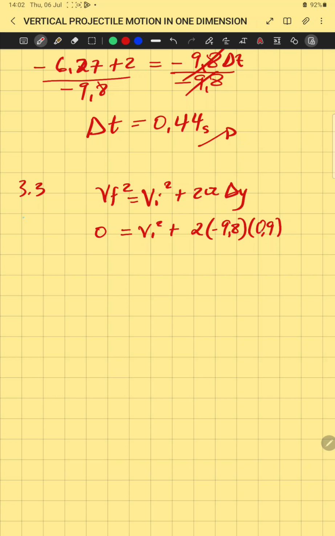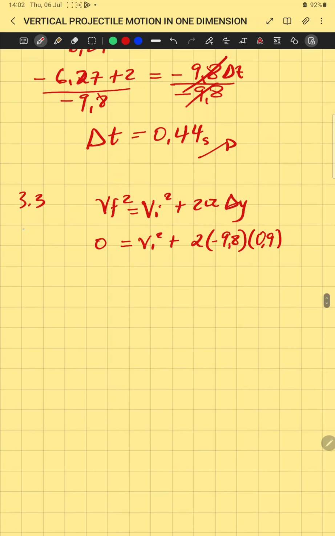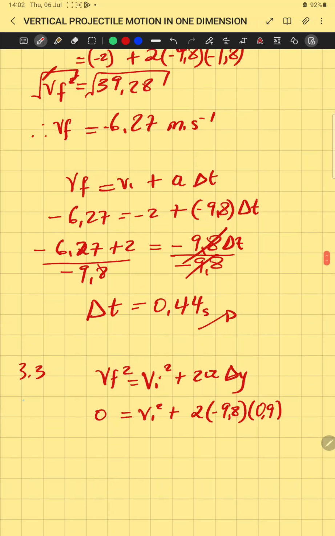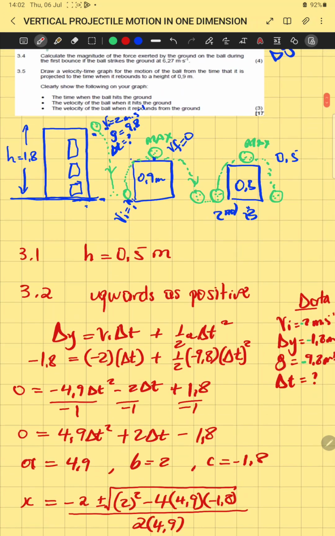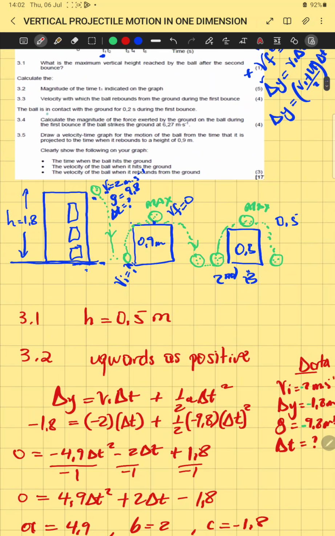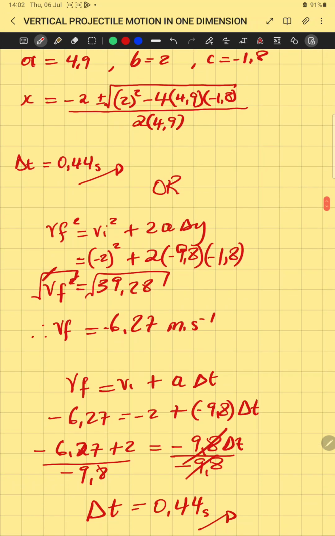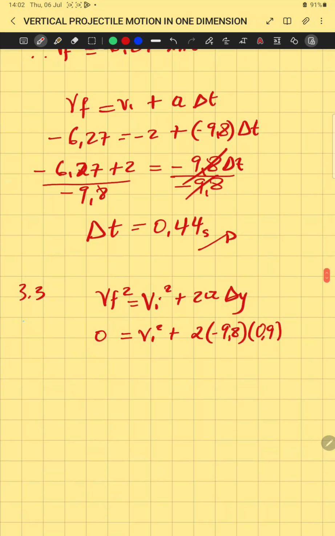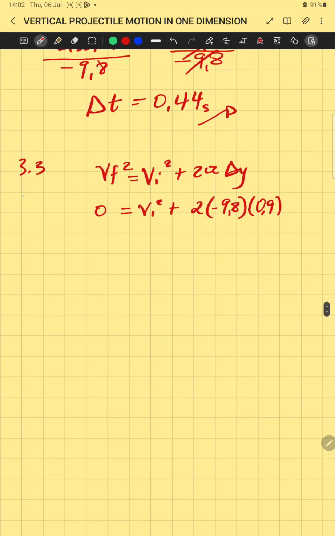Then now the height here cannot be negative in this case. Why? Because the ball now is going up. We want to know when the ball is going up, and we have chosen upwards as positive. So that means the height there is going to be in the same direction as the main one.